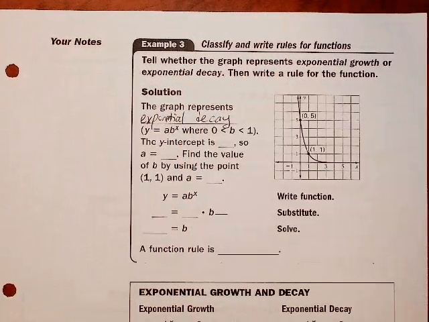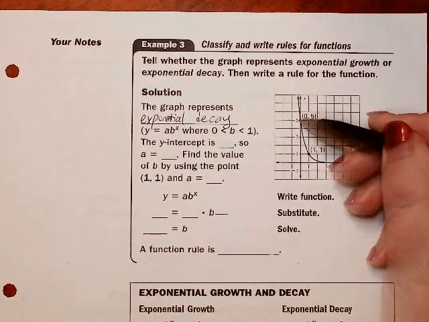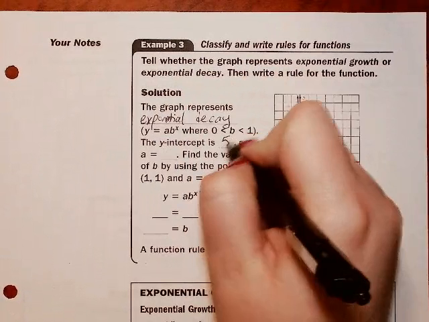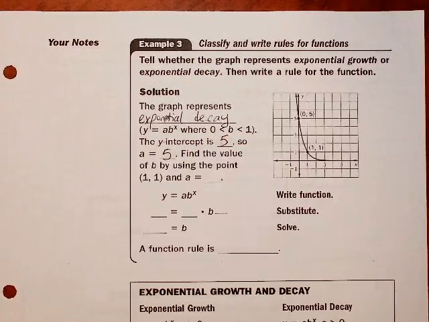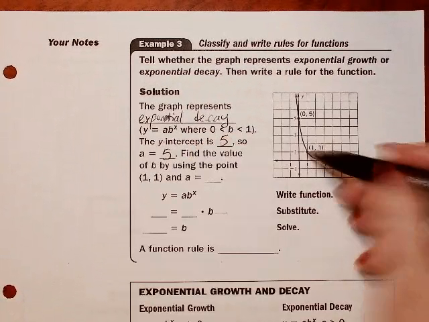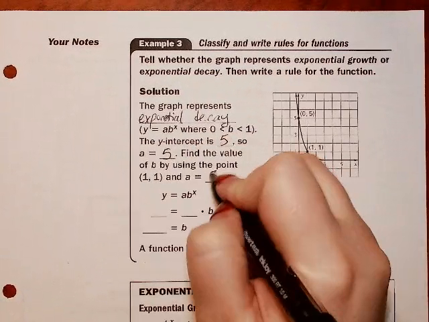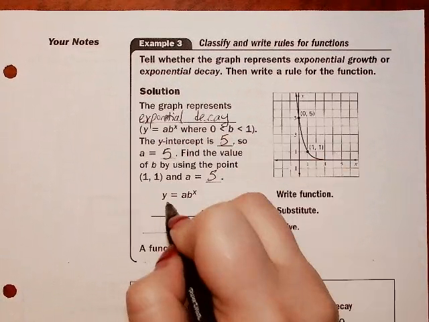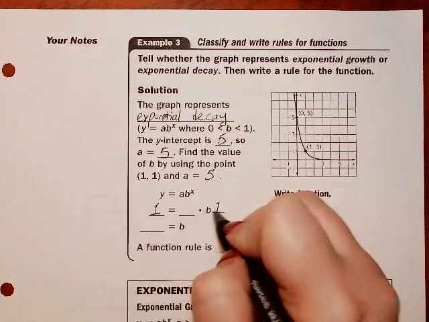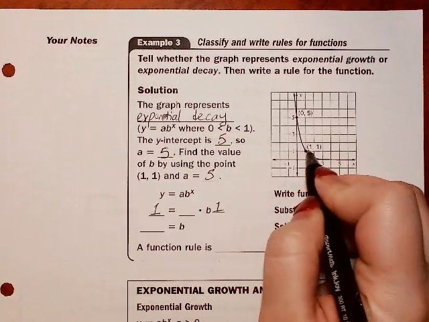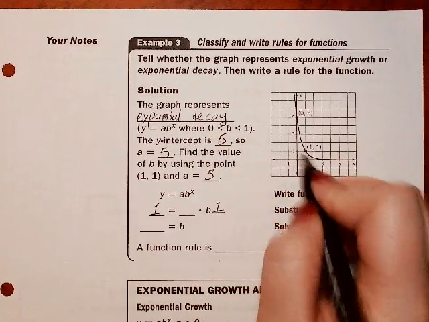So the y-intercept is 5. So a is 5. We find the value of b by using the point (1, 1) and a equals 5. So for y we have 1, and for x we have 1, because our point is (1, 1). And for a we have 5.